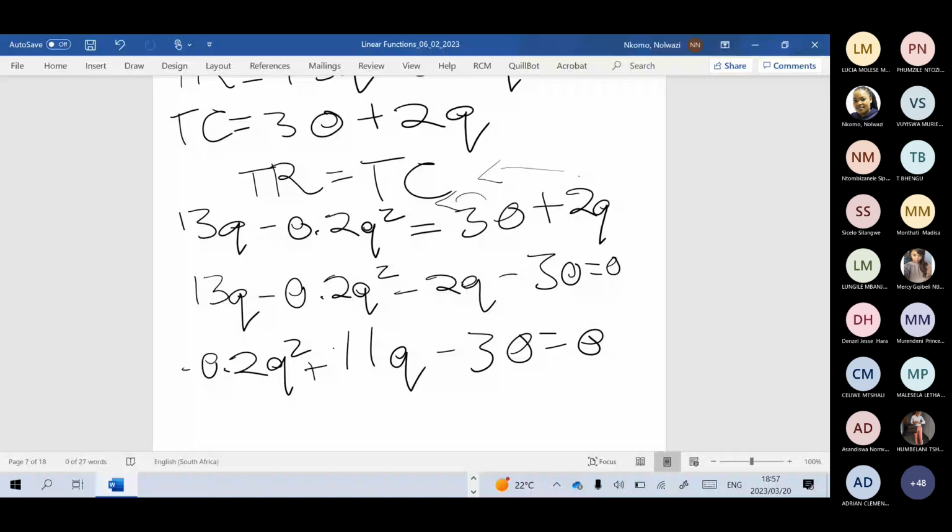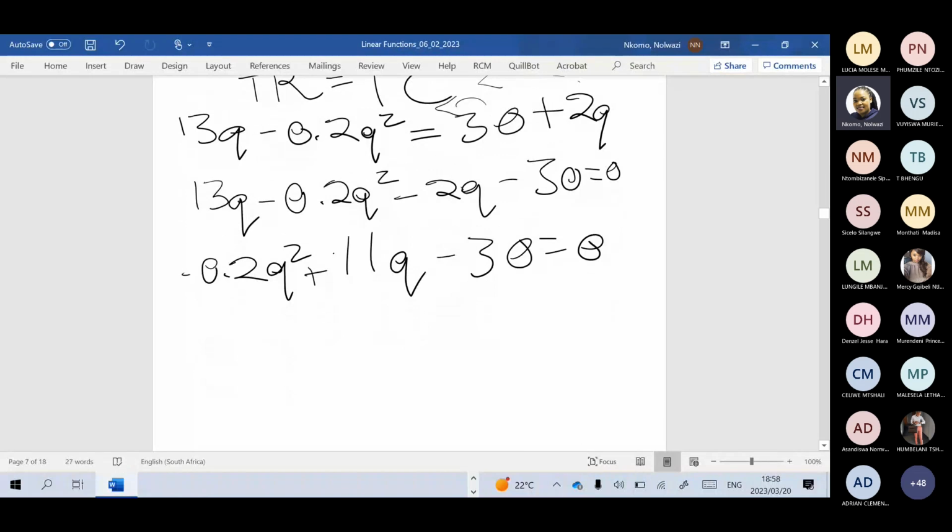Remember, I said if you want to find the roots, and you can't factorize your equation, then you can use the quadratic formula: Q equals minus B plus or minus the square root of B squared minus 4AC, over 2A, right?